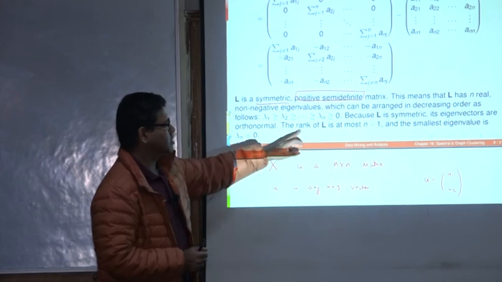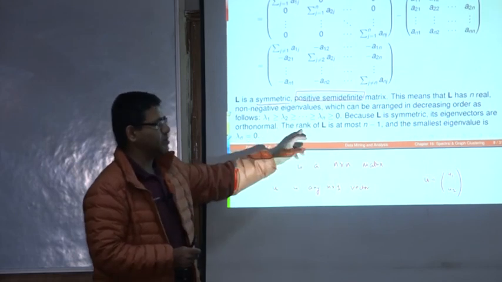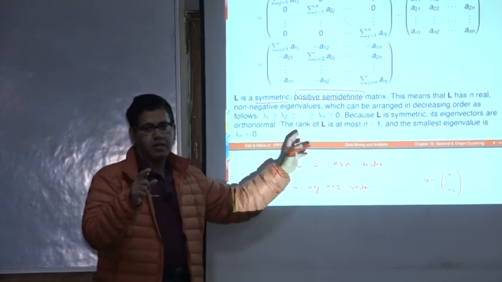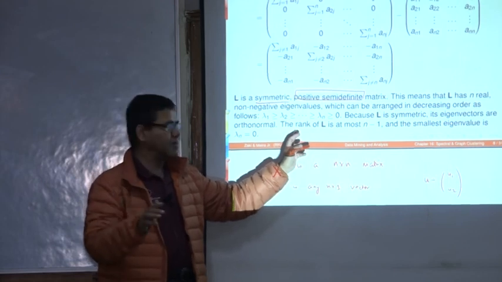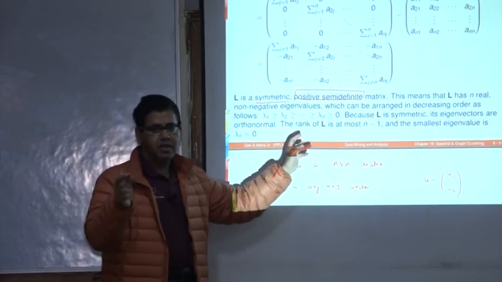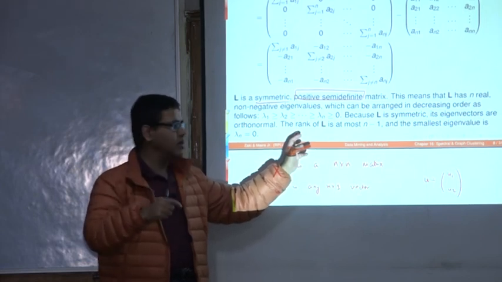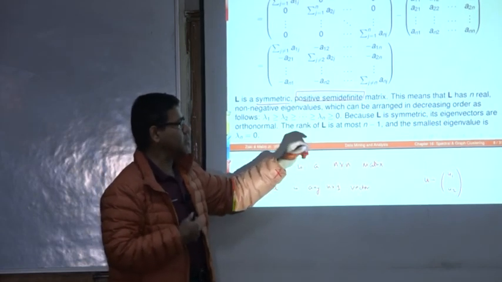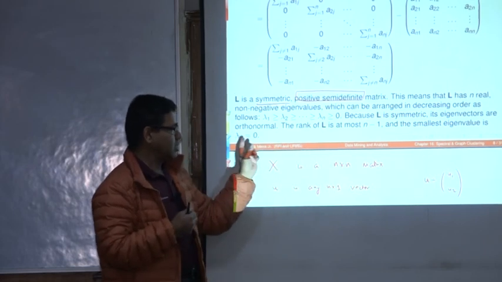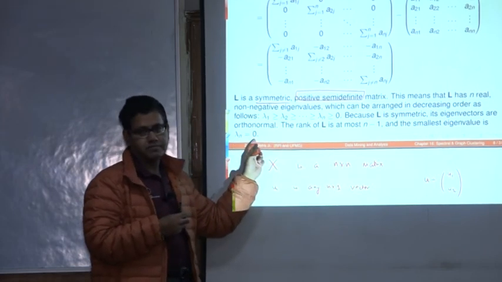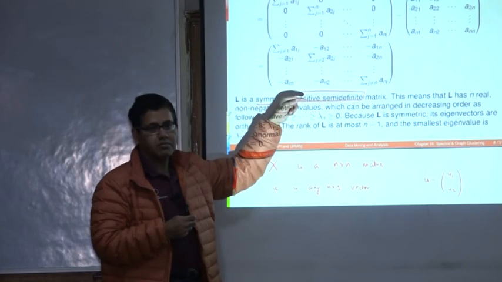So that means the rank. You remember I had mentioned last time that the rank of an n by n matrix can be at most n, but if, let's say, 2 rows are the same, then the rank has to be at least 1 less than n. In this case, we can guarantee that the smallest value is going to be 0, because everything adds up to 0.